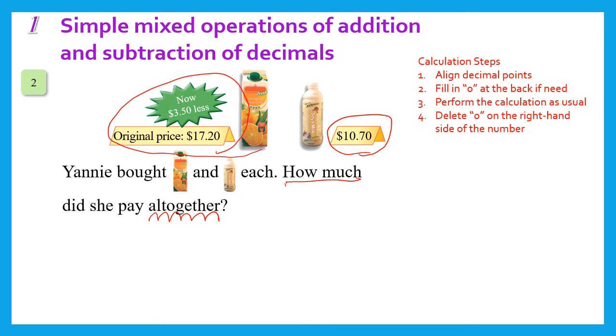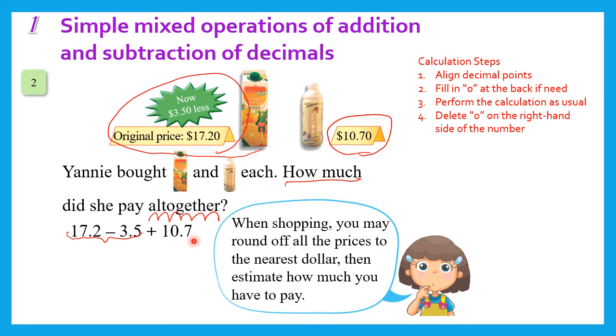And how much altogether, so you have to add these two together. For the first one, this is for the orange juice, because they are telling you that there is 3.50 less, so you have to use 17.2 minus 3.5, and then you add these two numbers together to find out the final answer.